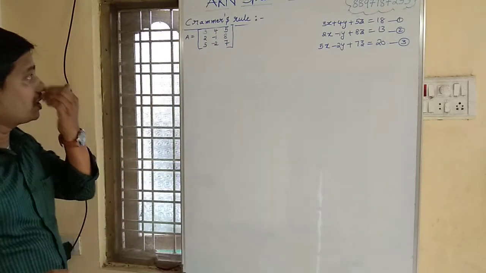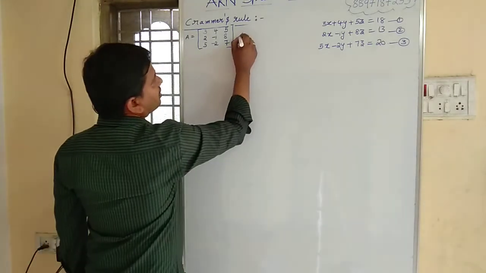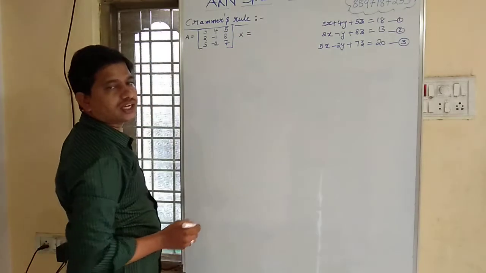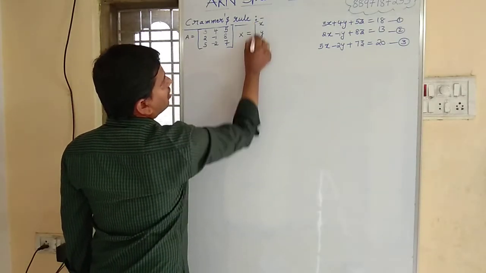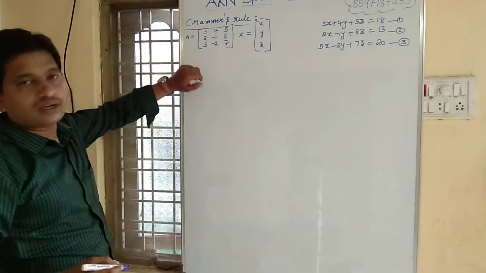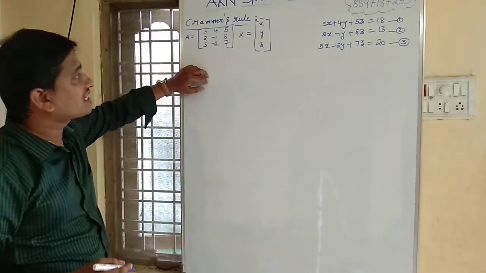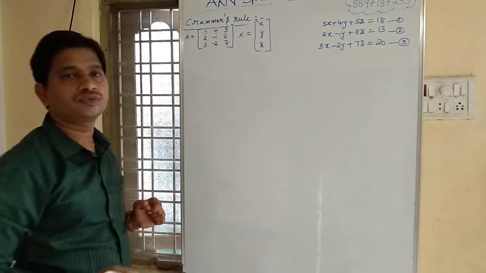Got it, children? A is called the coefficient matrix, and the second one is X, called the variable matrix: x, y, z. This is called the solution of the given equations. We have to find the x value, y value, z value.